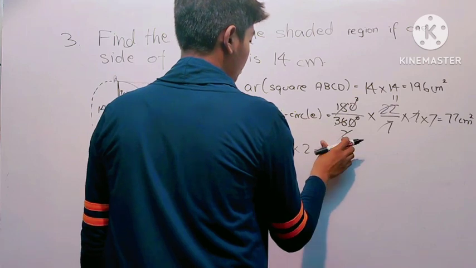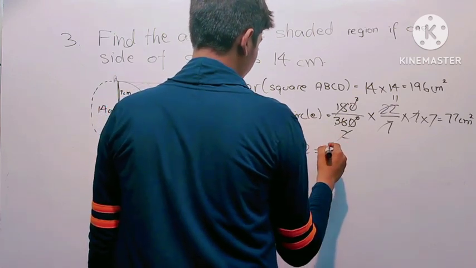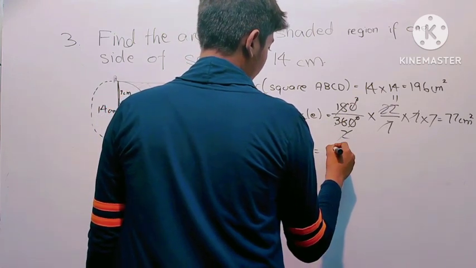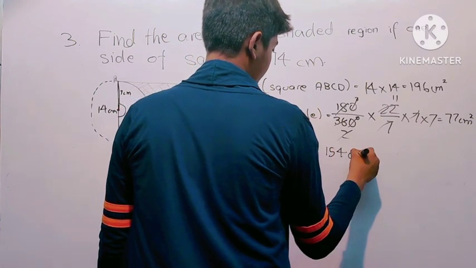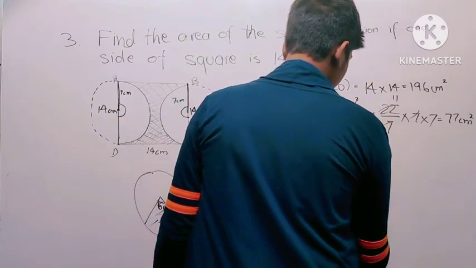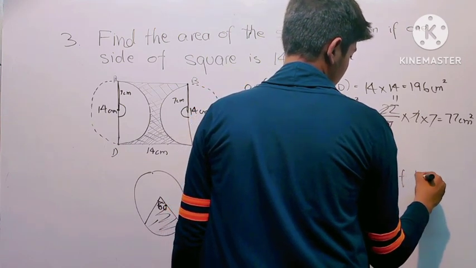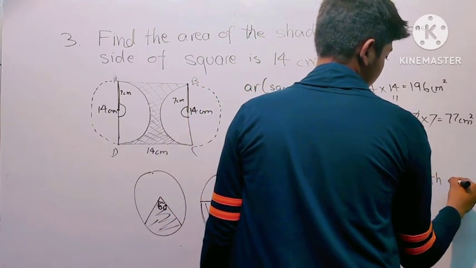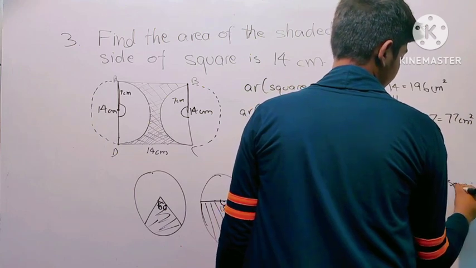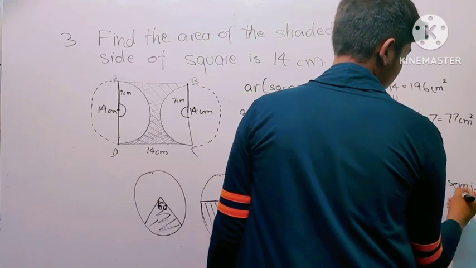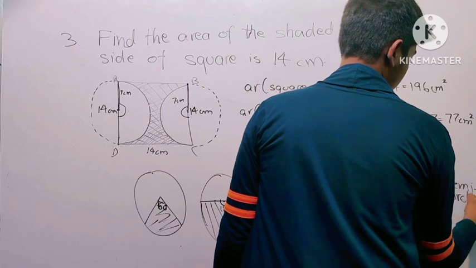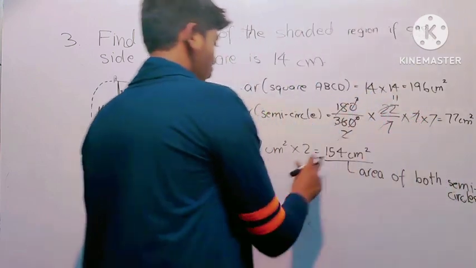This is equal to 154 centimeters square, and this is the area of both semicircles.